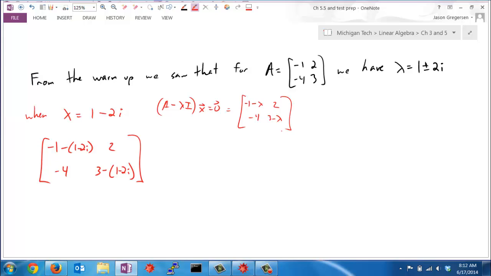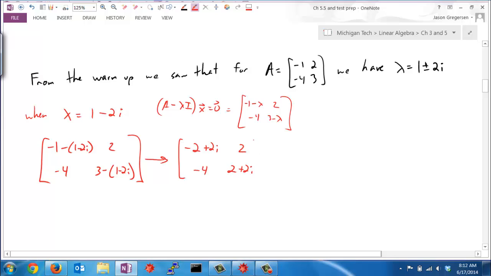It's a homogeneous system, so I really have to write this matrix and just row reduce it. First, I'm just going to distribute the negative sign and simplify a little bit. On the first term here, I'll have negative 2 plus 2i, 2. Then I'll have negative 4 and 3 minus 1 is 2, plus 2i. Once again, the most common mistake is not to distribute your negative sign.